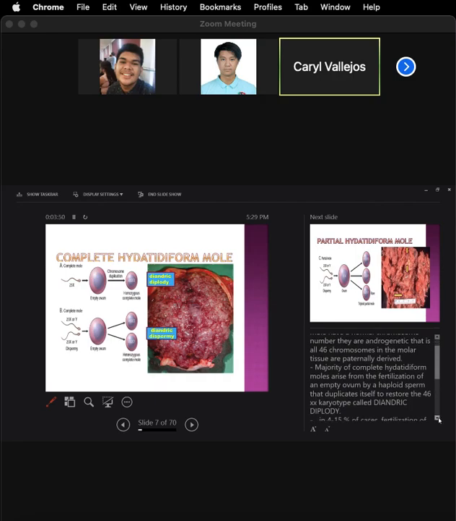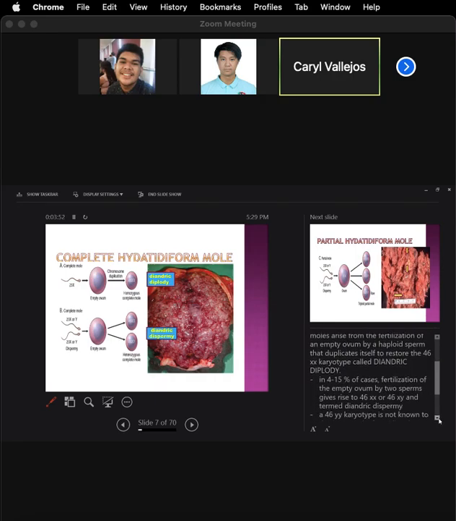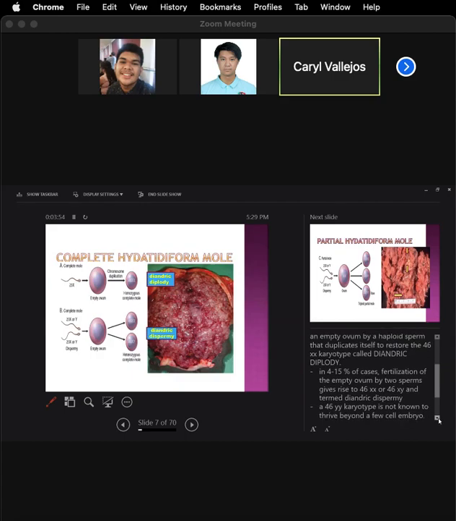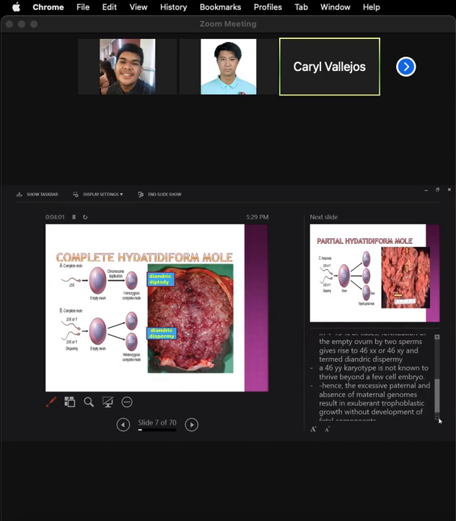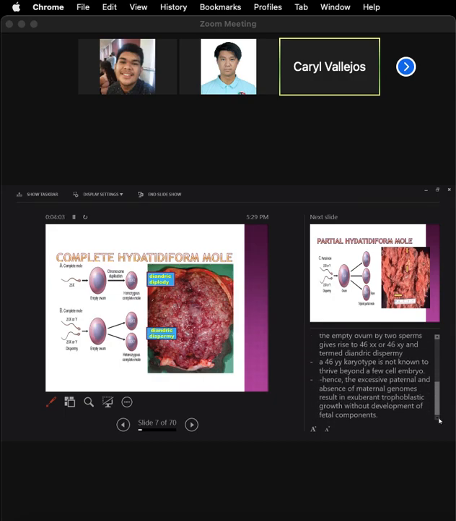So you see, a 46YY karyotype is not known to thrive beyond a few cell embryo. Hence, the excessive paternal and the absence of maternal genomes result in exuberant trophoblastic growth without the development of fetal components.